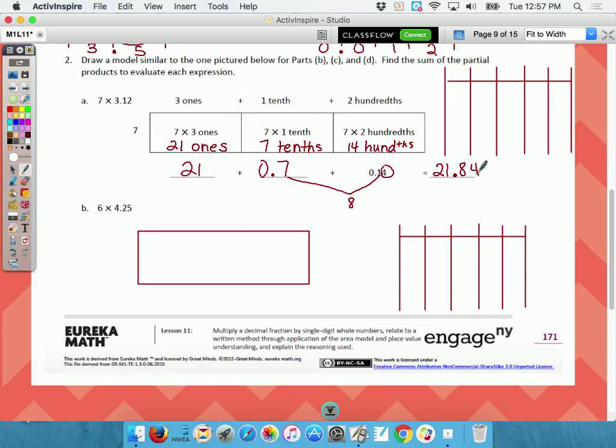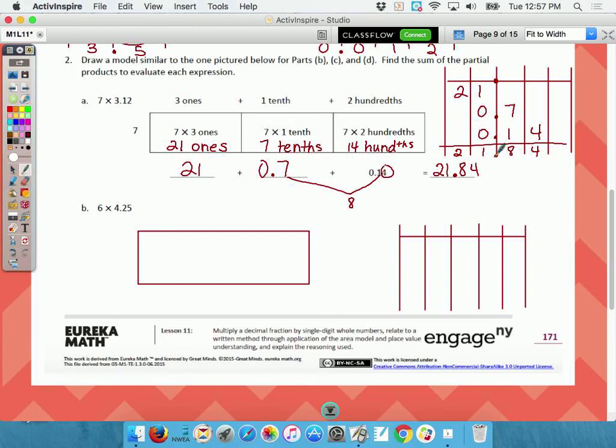Okay, so if I did this correctly, on my place value chart, I'll write 21 plus 7 tenths plus 14 hundredths. Did I get 21 and 84 hundredths? Yes. Okay, all right. So that's how you check it on a place value chart.